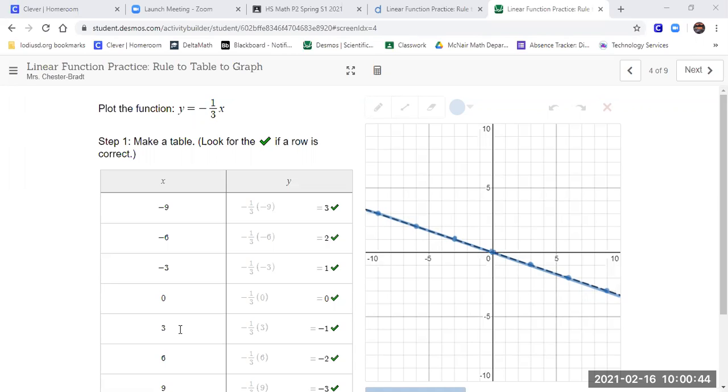Did they pick 1? Did they pick 2? What kind of numbers did they pick so that they didn't end up with fractions? Notice.